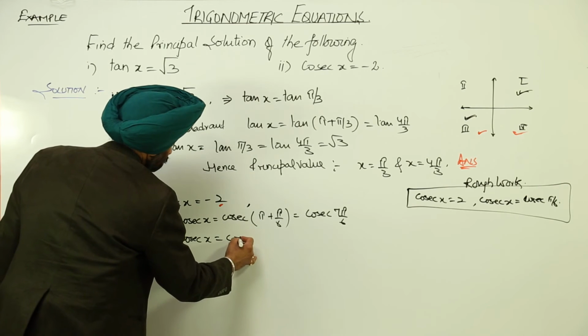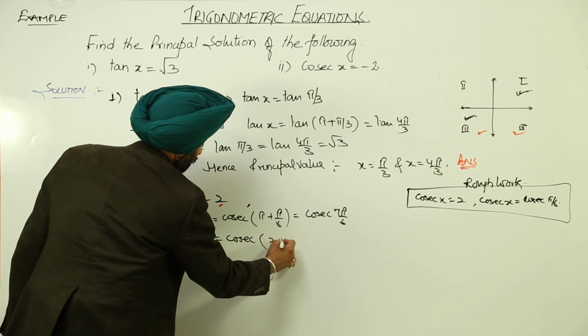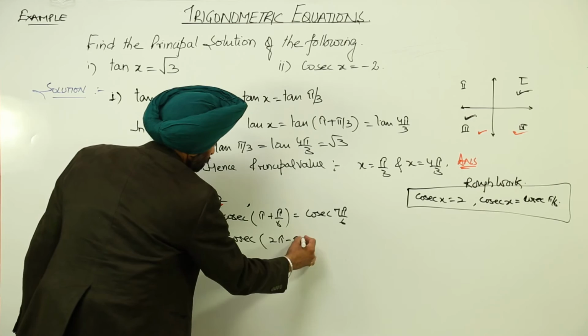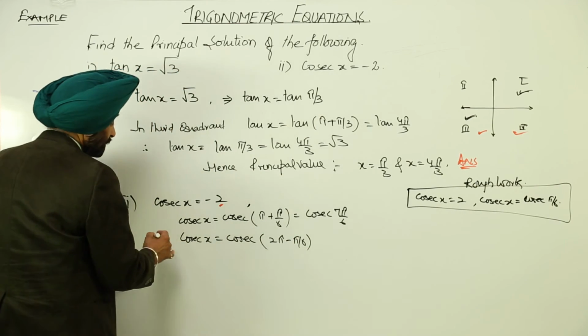And again cosecant x is equal to cosecant, now we can write it 2 pi minus pi by 6.